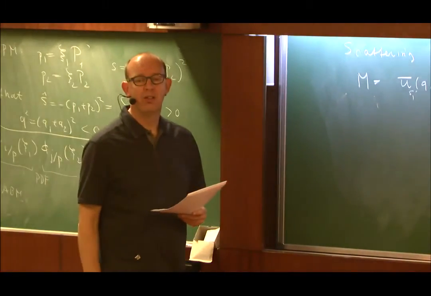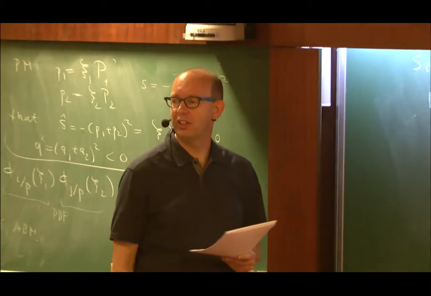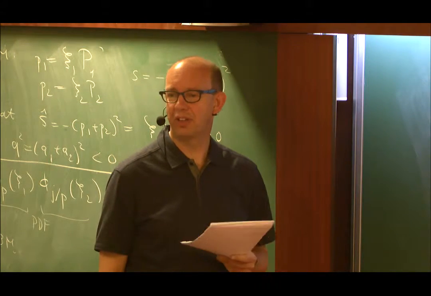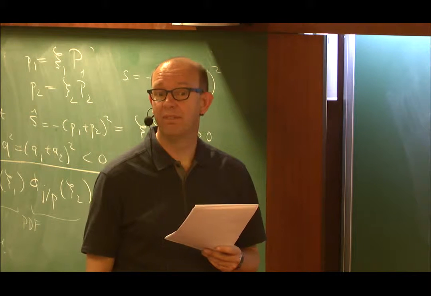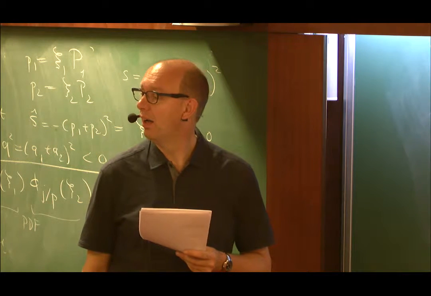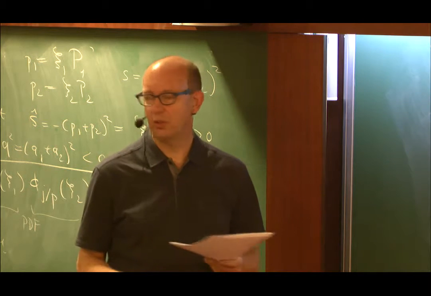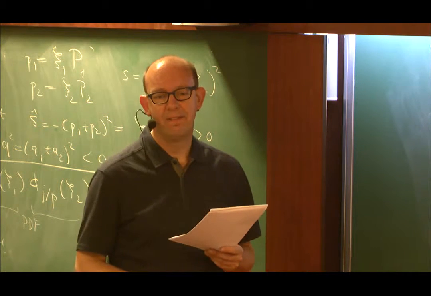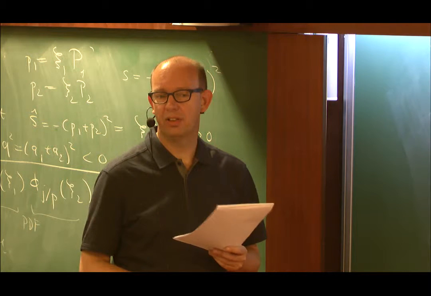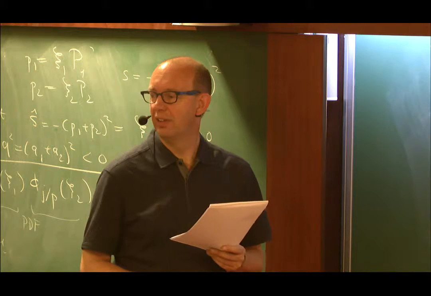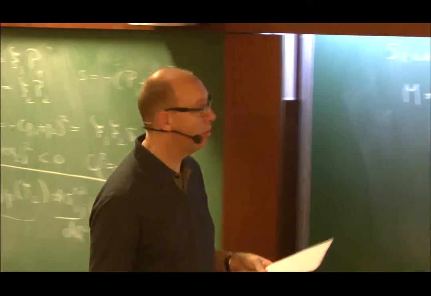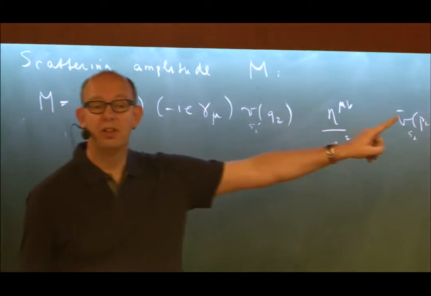There's one final factor missing. Who has an idea? It's a bit of a trivial factor. No, that I've gotten rid of. I don't need an i(2π)^4. Someone said some index or so? No, the coupling constants are here, e and e. Sorry?